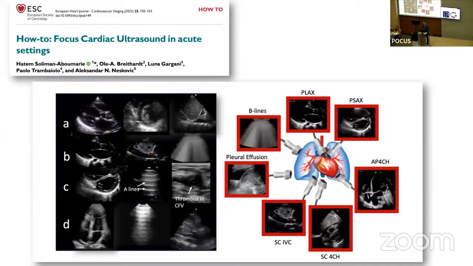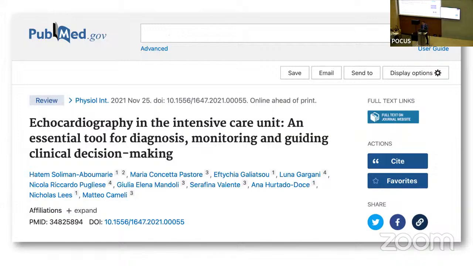And finally, if you integrate cardiac ultrasound with what you will listen from Dr. Volpicelli, the lung ultrasound, you will have better ability to understand or assess hemodynamics at the bedside. And these are 4 different types of shock, which were assessed by integrated cardiopulmonary ultrasound. So cardiac ultrasound is not enough on its own. Adding other parameters of ultrasound, including lung ultrasound and systemic venous congestion ultrasound, is very important.